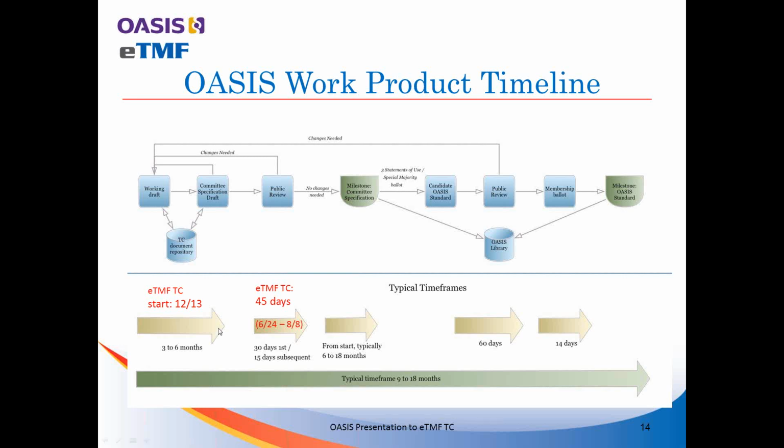So this 45-day period right now, ending August 8th, is essential for people to have the opportunity to give input and feedback on what's currently released for review. And I might add that typically OASIS recommends a 30-day public review, and the TC opted to actually make it a 45-day public review just to allow more time for the broader clinical trials community.